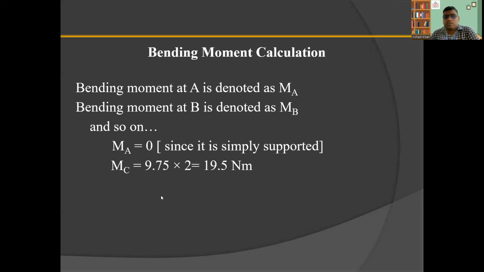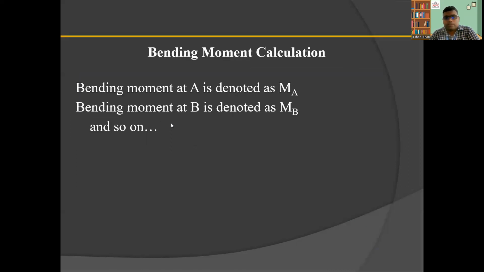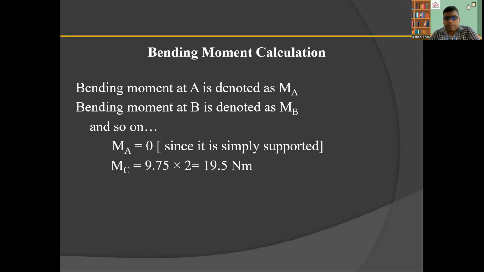At point C, the support reaction is 9.75 and the distance is 2, so this becomes 19.5. Similarly at D, the distance of the support load is now 4, and the next value is 5 into 2, so it becomes 29 Newton meter.